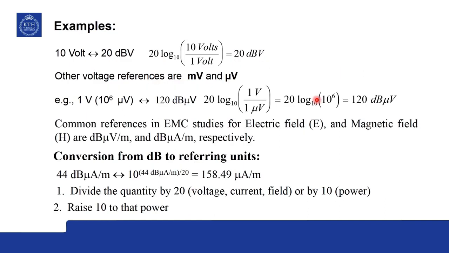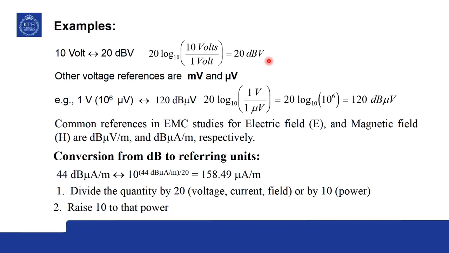Now, some examples are given here. Say 10 volt is equivalent to 20 dB volt. How do we get that? 20 log to the base 10 of 10 volts, and your reference is 1 volt. Then log 10 is 1, so you get 20 dB volt.